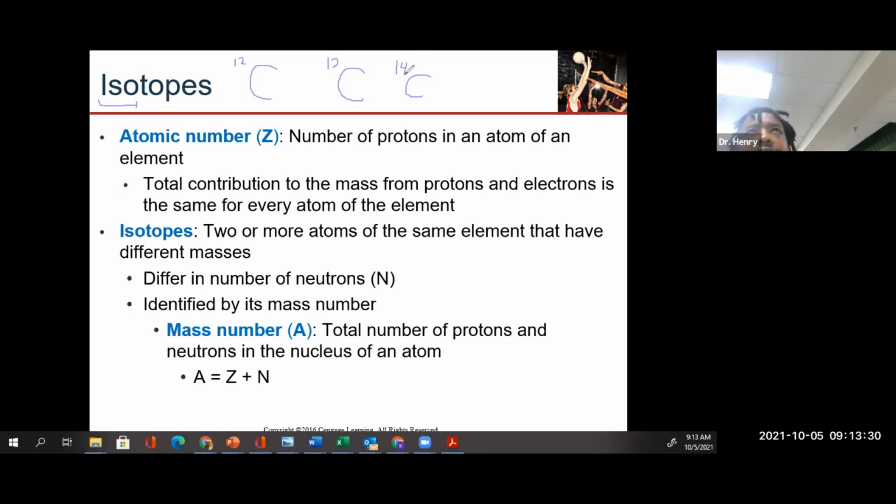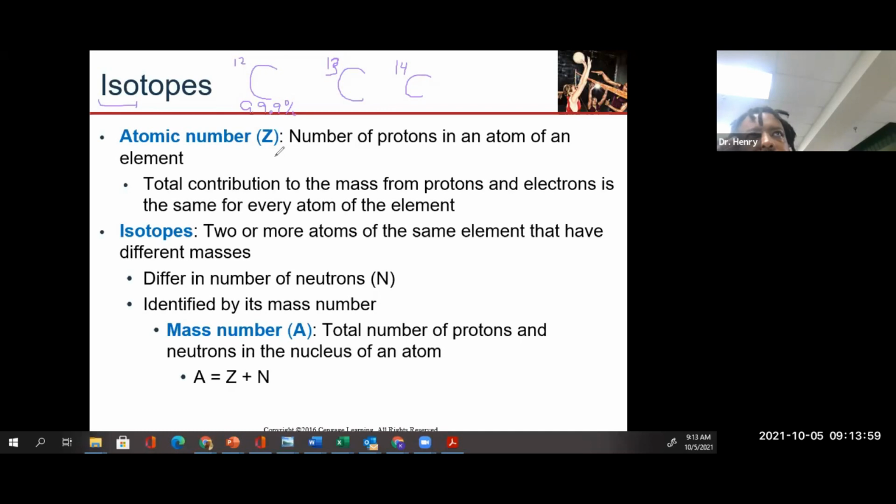Now, these 3 isotopes all exist in nature, meaning that they all occur, but they occur at different percentages. The majority of it, about 99.9%, is going to be carbon 12. But you're going to have some carbon 13 and some carbon 14. These are going to be pretty low compared to carbon 12.